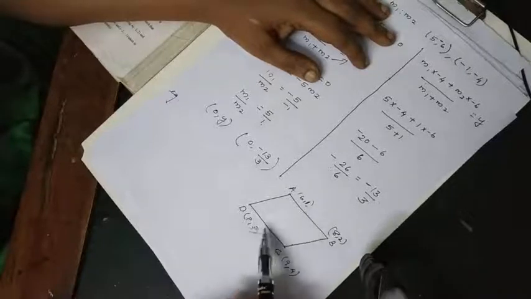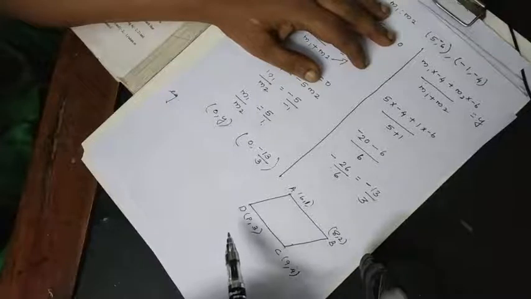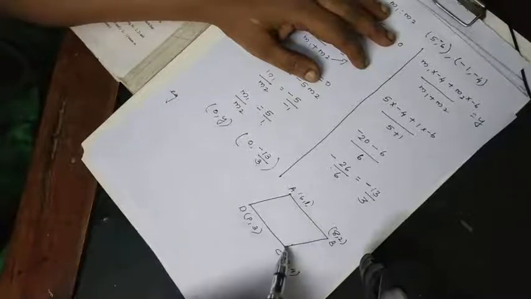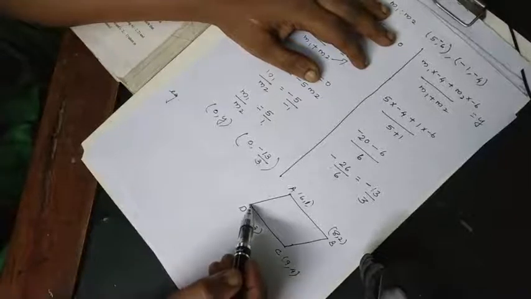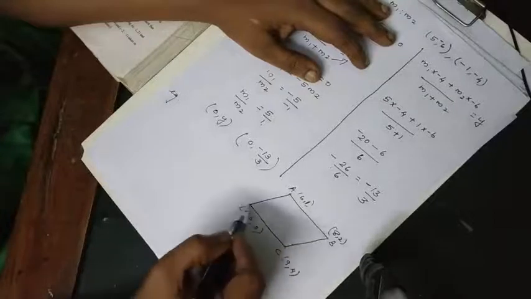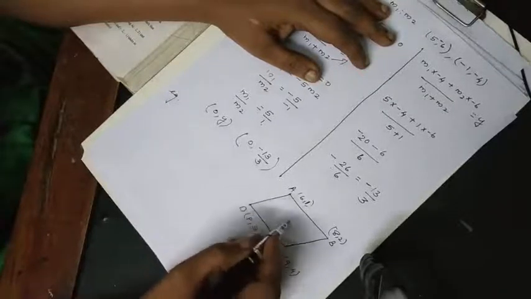In a parallelogram, opposite sides will be equal and parallel. Their diagonals bisect each other. That means when the diagonals intersect, they bisect each other, that means both midpoints will be the same.